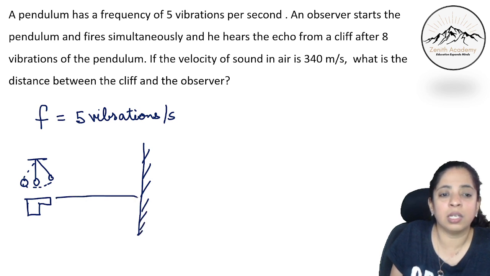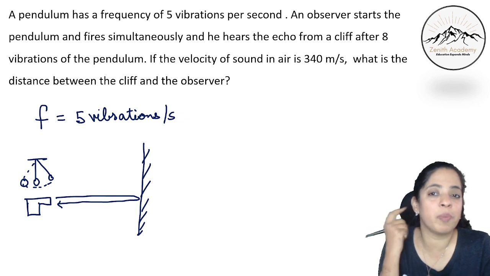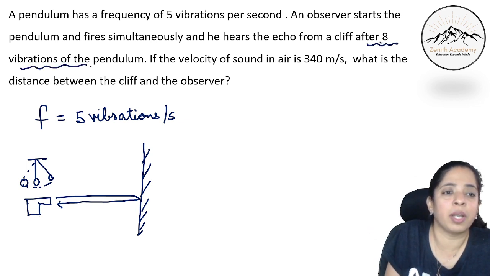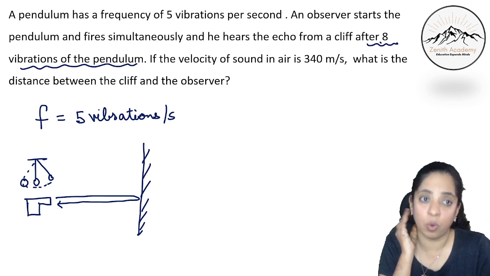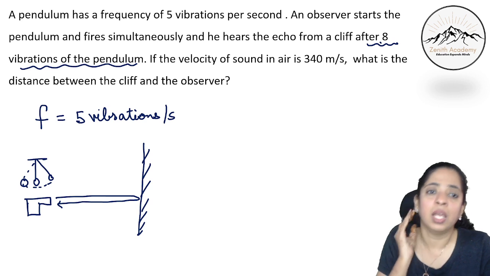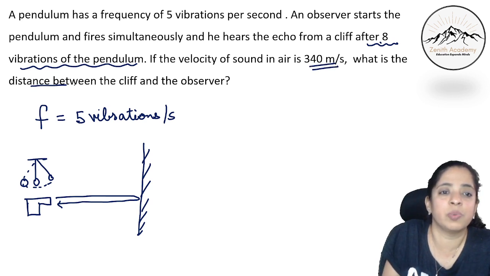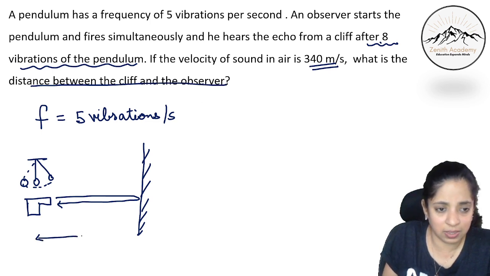He fires a gun, this sound comes back. Time is not given to you. He is saying when the sound comes back, it is after 8 vibrations of the pendulum. After 8 vibrations he is able to hear the echo. If the velocity of sound in air is 340 meter per second, what is the distance between the cliff and the observer? So this distance is asked.